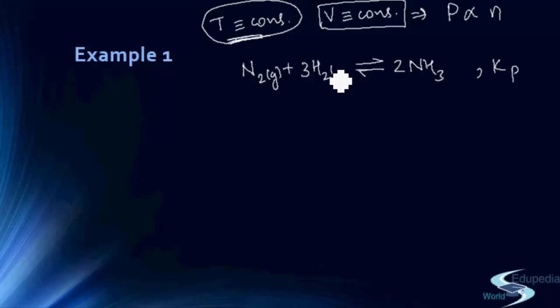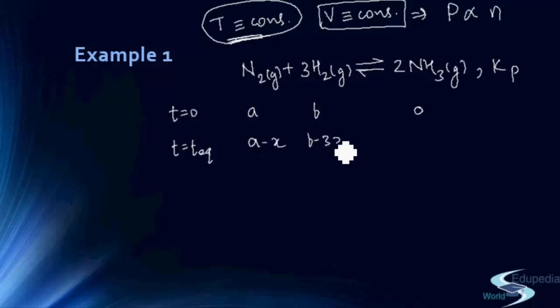Instead of writing moles, for example while writing Kc we saw that at T equal to 0 I have A moles of nitrogen, B moles of hydrogen, and let's assume 0 moles of ammonia. Then at equilibrium I can write A minus X moles of nitrogen, B minus 3X moles of hydrogen and 2X of ammonia.